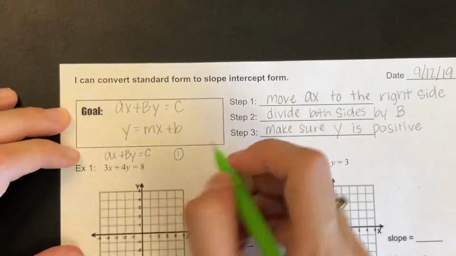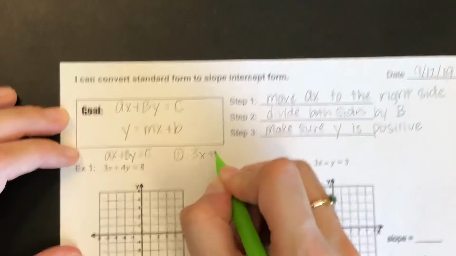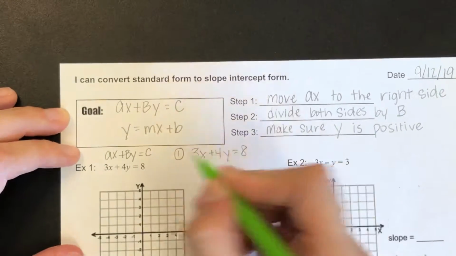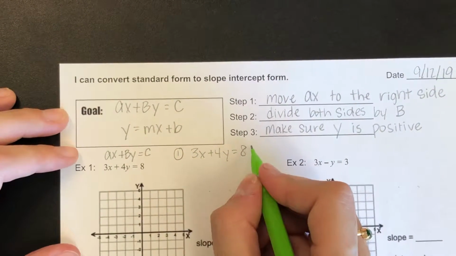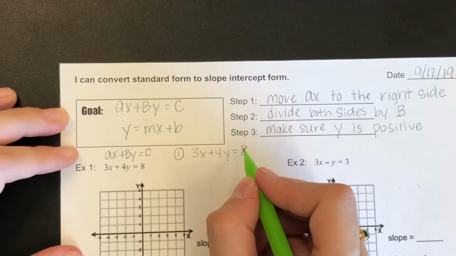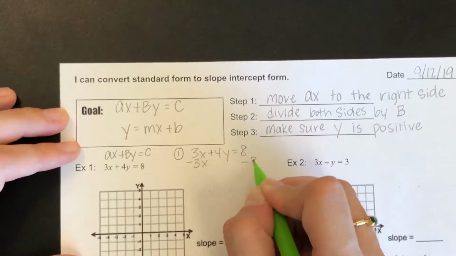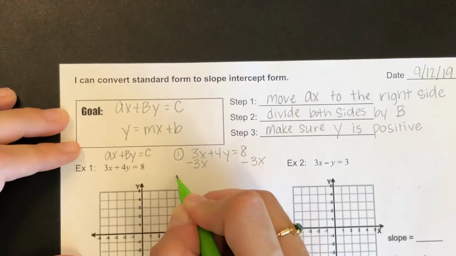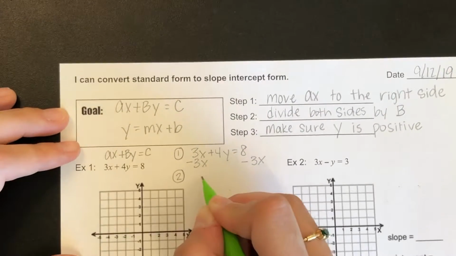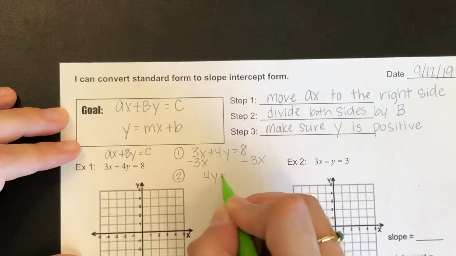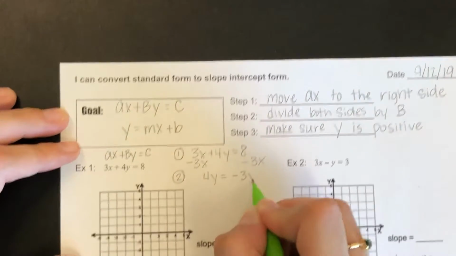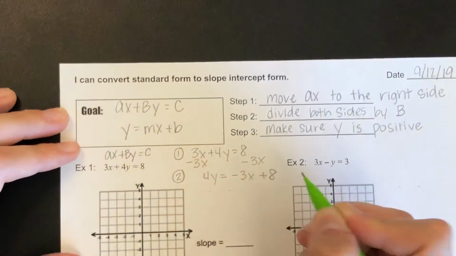If I want to take 3x plus 4y equals 8 and move my 3x over to this side, this is like solving a one-step or a two-step. So I'm going to subtract 3x from both sides, which leaves me with 4y equals negative 3x plus 8.